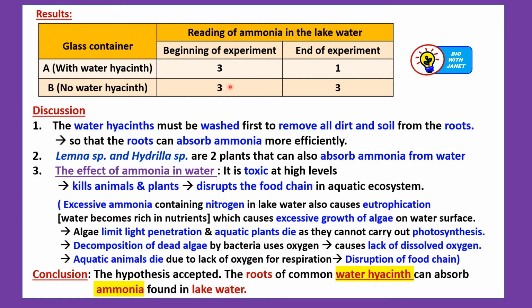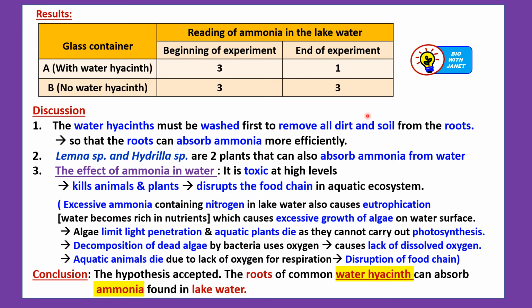All right, this ammonia is the one that we put into the 2 containers, the ammonium from the ammonium chloride solution. So at the end of the experiment, after 1 week, it was found that glass container A has the reading of 1 unit for the reading of ammonia in the lake water.